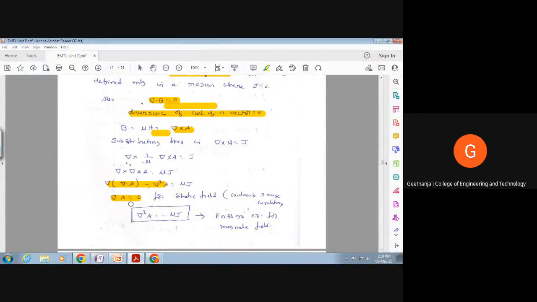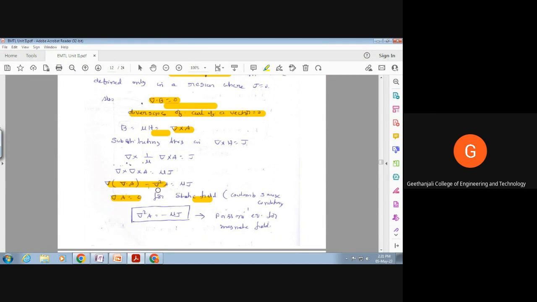Normally, for static fields, we take divergence A as 0. This is what is known as the Coulomb gauge condition. Similarly, we have a Lorentz gauge condition also: divergence A is equal to minus mu epsilon dou V by dou t. Anyway, that we are not going to discuss right now. Because we are restricting ourselves to static fields, divergence A can be defined as 0.